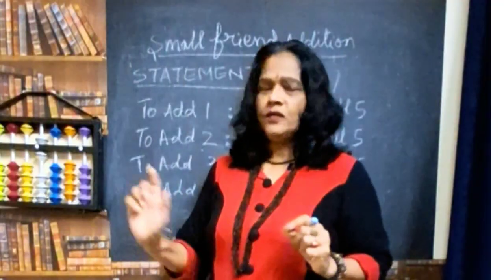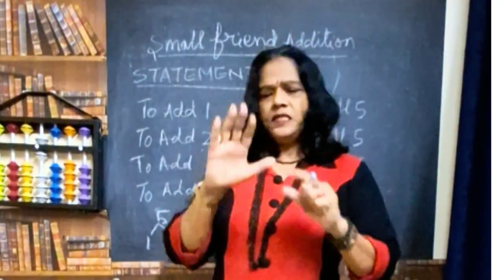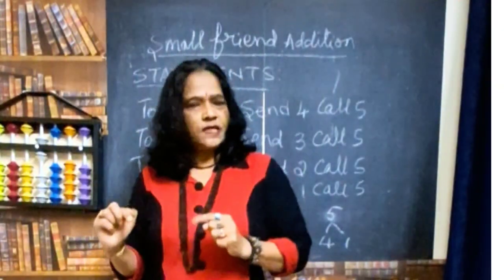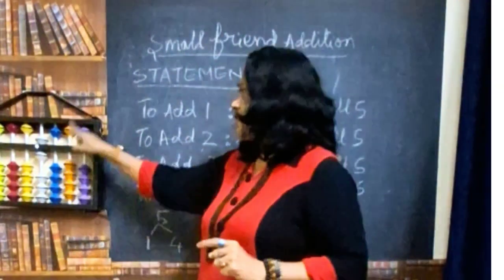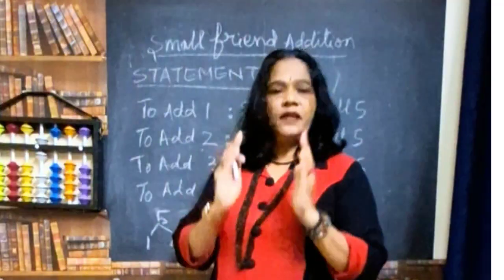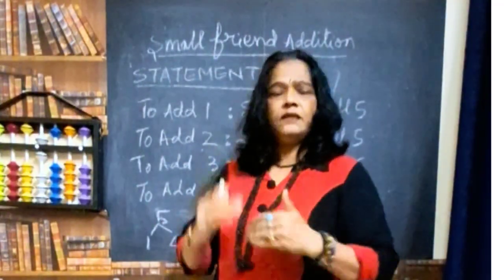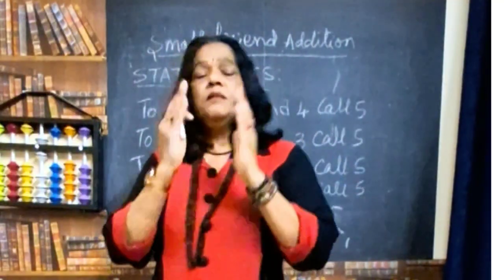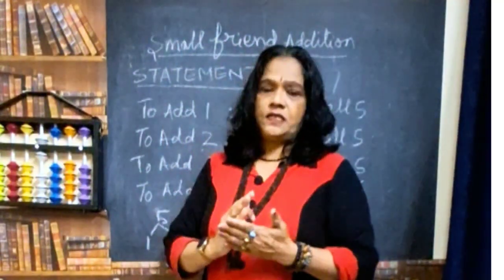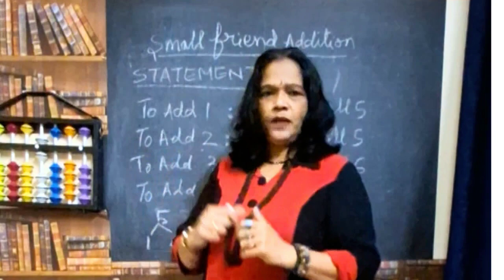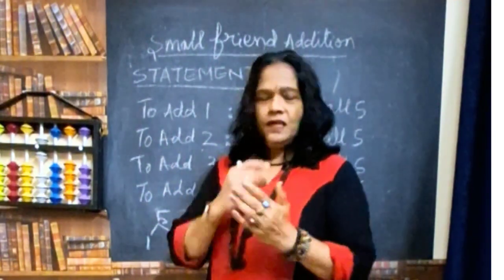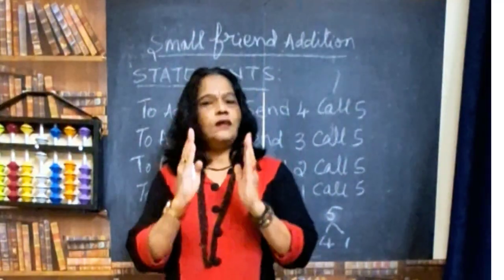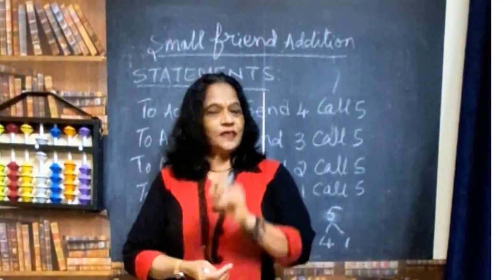To add 4, send 1, call 5. Once the children know the friends of the numbers and the statements, it is very easy to do this very fast, because on the abacus addition, multiplication, division or whatever must be done very fast. If they know this well, then it is easy to do this addition. So this is how we are going to use the small friend addition. I think you like it.